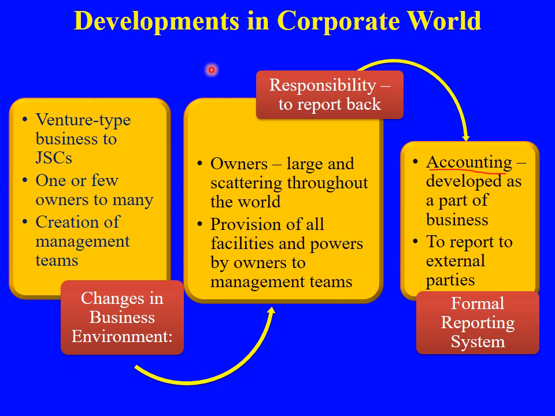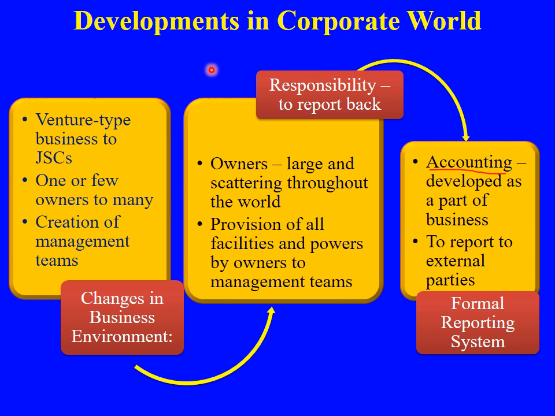When we talk about joint stock companies, it is a combination of more than two people, that means three, four, five, six. Many owners will be associated with joint stock companies.